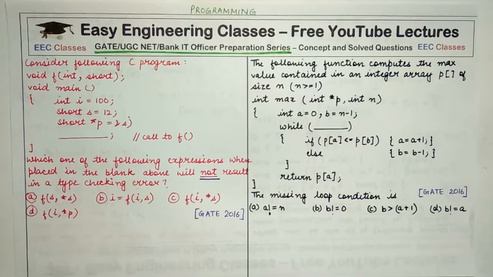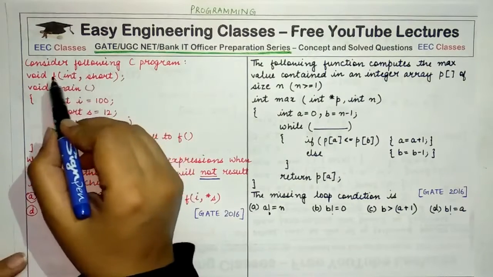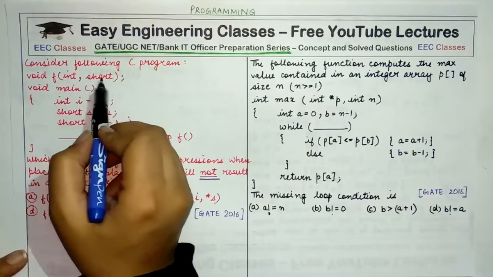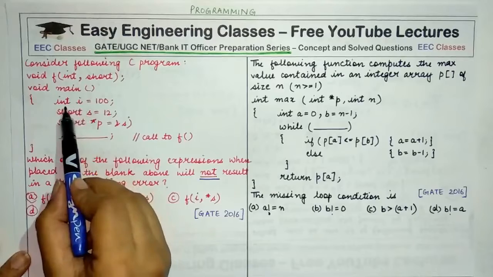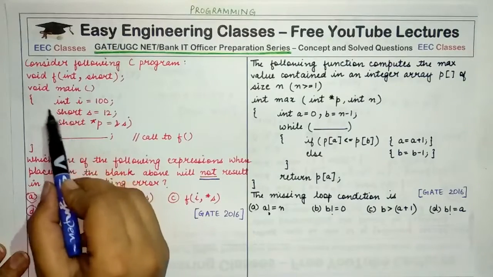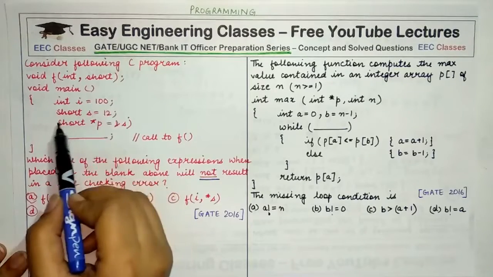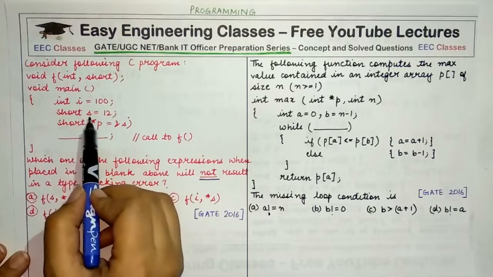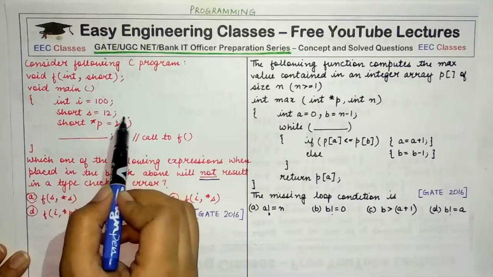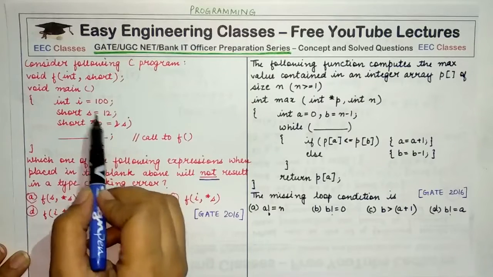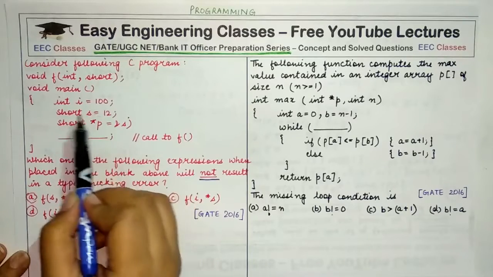Basically in the code we have a function declared as f, which has the parameters int and short. The main function has an integer variable i with value 100, another variable s which is short and has a value 12, and a pointer to a short variable which has the address of s.